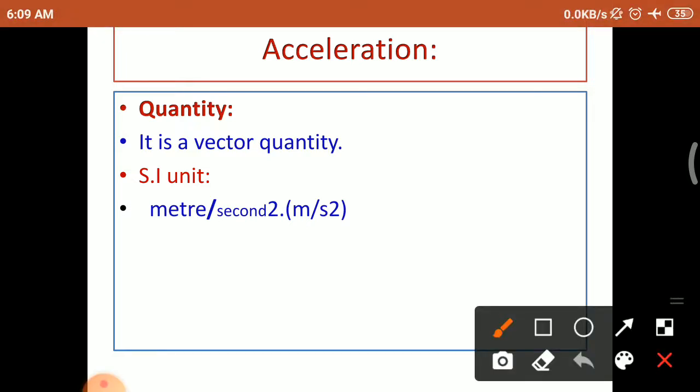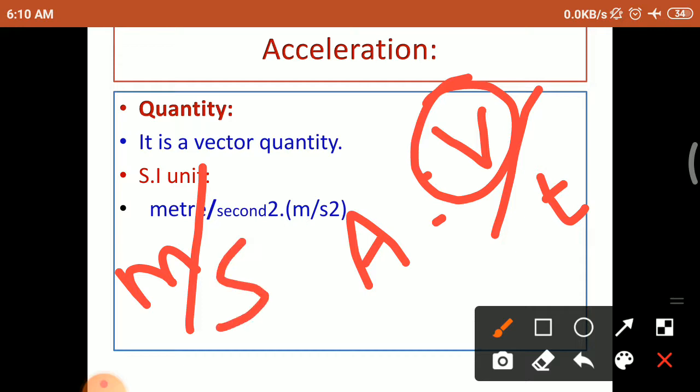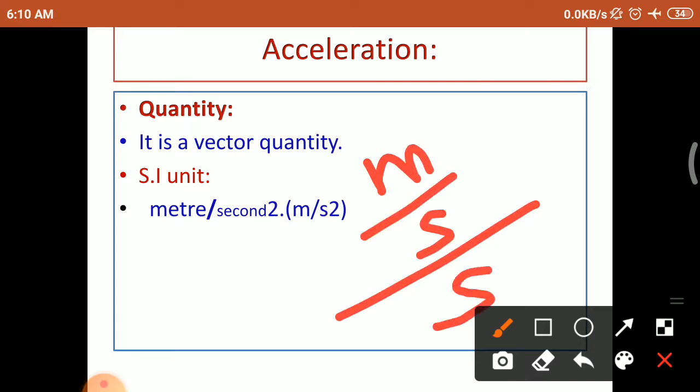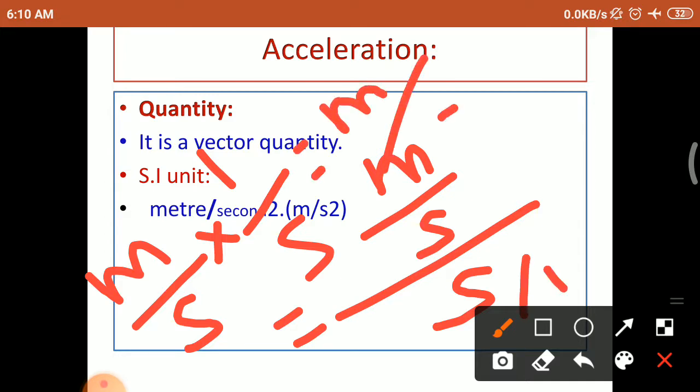How? The acceleration equals velocity by time. The unit of velocity is meter per second and the time is second. When the second comes here, it is second squared. So already we have meter per second; when the time comes up, meter per second into 1 by second, so m by s squared.